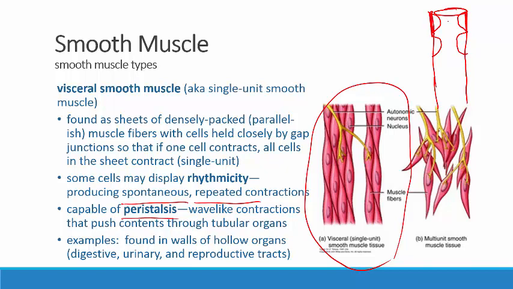And so the contents that were here get squeezed downward and downward by this wave of contractions followed by relaxation that will continually push the food ahead of that wave of contractions. So we find visceral smooth muscle in the walls of many of the hollow organs in the digestive, urinary, and reproductive tracts especially.